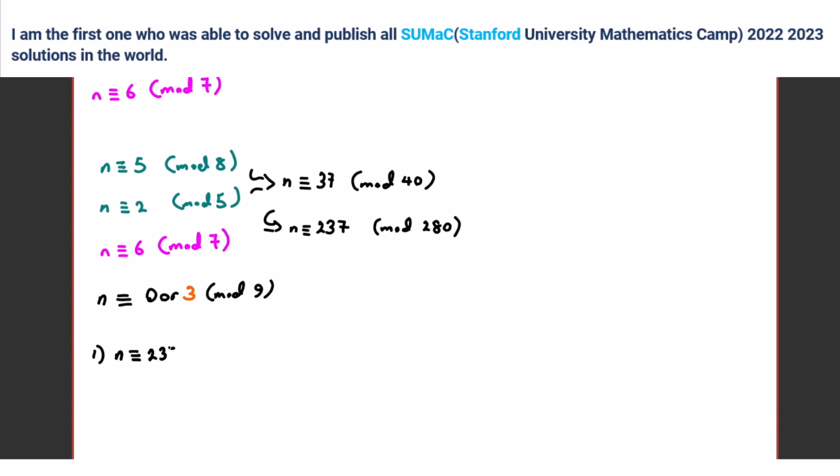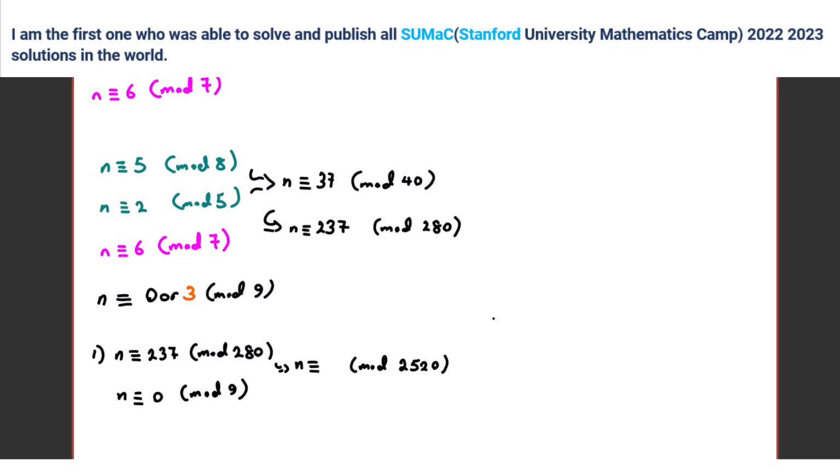Yeah. Case 1: n is 237 mod 280, and n is 0 mod 9, right? Yeah. So we can find n mod what? 2520. Exactly, 9 times 8 is 72, times 7, 5.